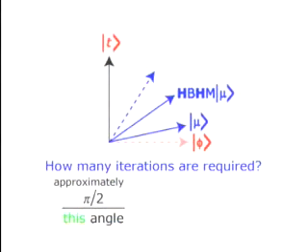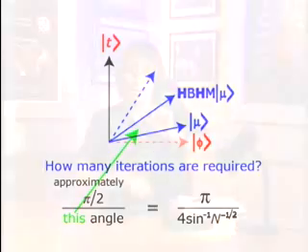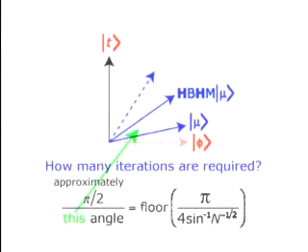And the right number will be pi over 2 divided by this angle that the rotation rotates the state by, except that because we start the rotation at half that angle away from the horizontal, that means that the state will be closest to the target t after the integer part of that number of operations, namely floor of pi over 4 arcsine 1 over root n.